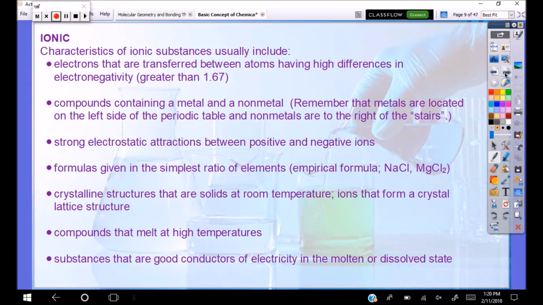There are strong electrostatic attractions between positive and negative ions, which leads it to form that network, that kind of crystalline structure that we see. We'll show you the lattice structure of NaCl on the next page, or maybe it was lithium fluoride, I forget, but we'll look at the lattice structure and the crystalline structure of those compounds. The formulas are given in the simplest ratio of elements, but know that they exist in that crystalline structure.